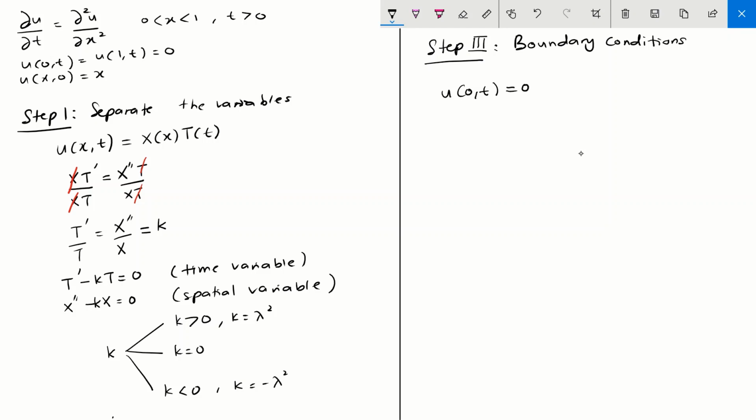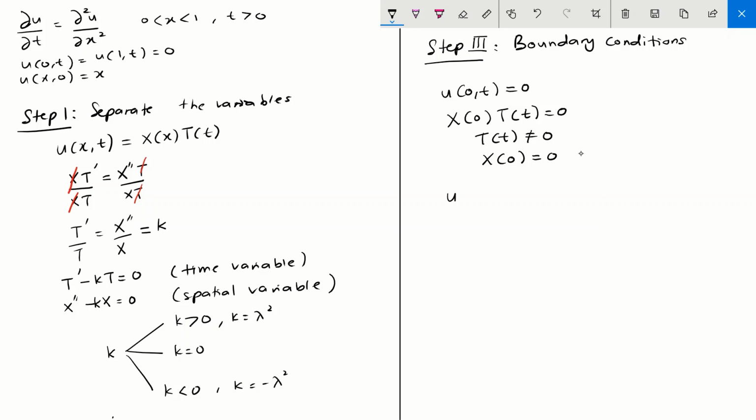We put this into our assumption at x equals 0, while t remains t, equals 0. We cannot let T equal 0, otherwise it is a trivial solution. Therefore, we let X(0) equal 0.